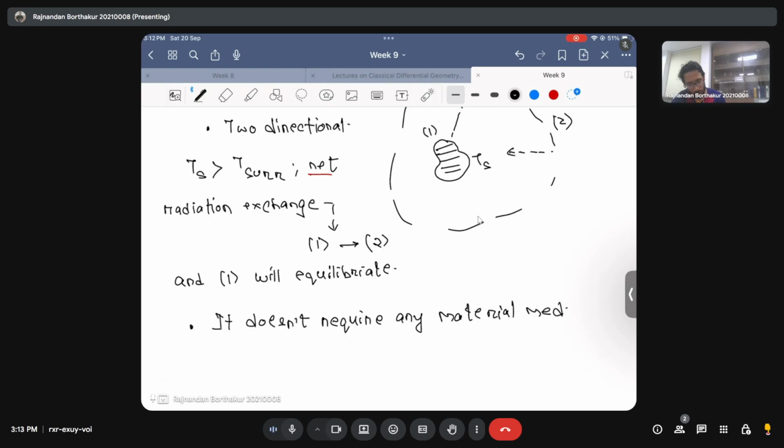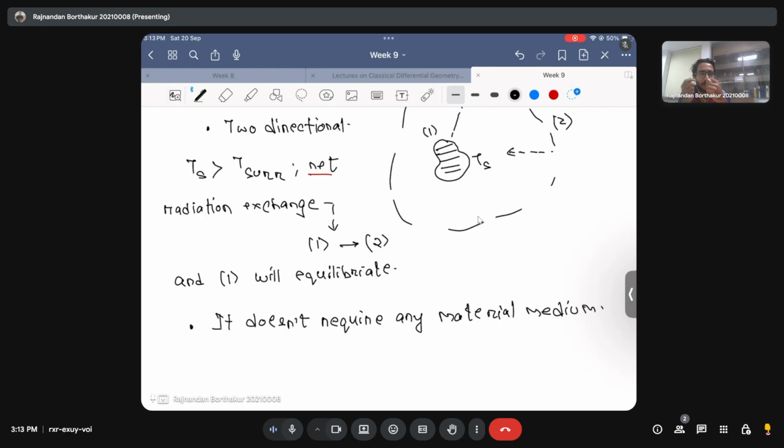So if there are two bodies in vacuum, they can exchange radiation, owing to their own surface temperatures in general. It does not specifically require any material medium for its propagation. That's the idea that I wanted to convey.